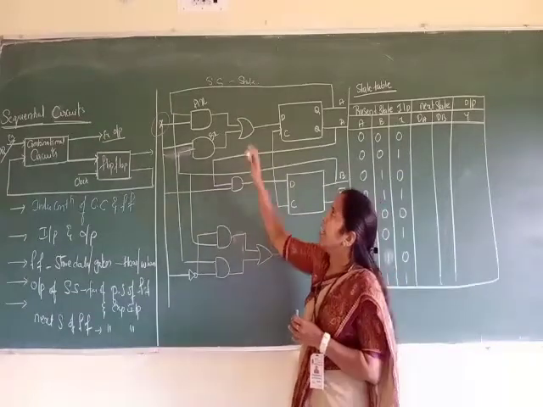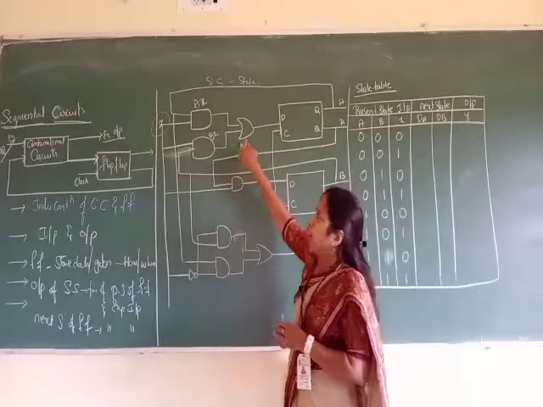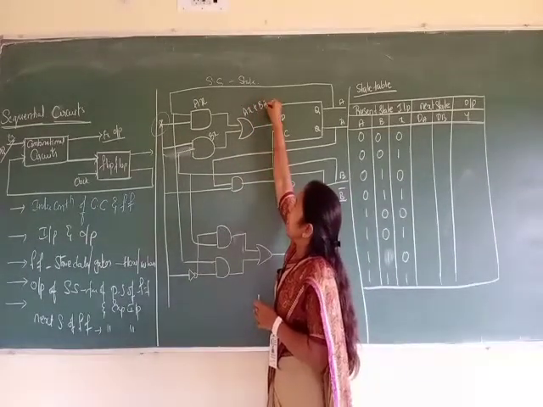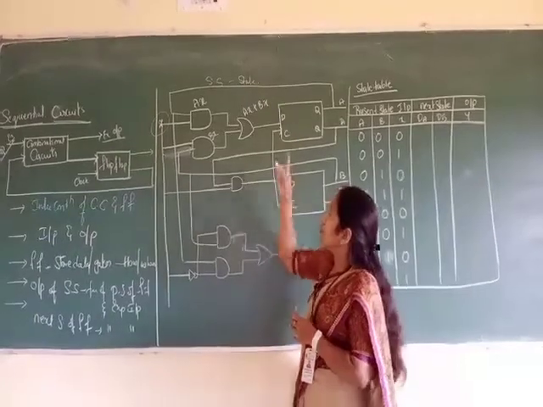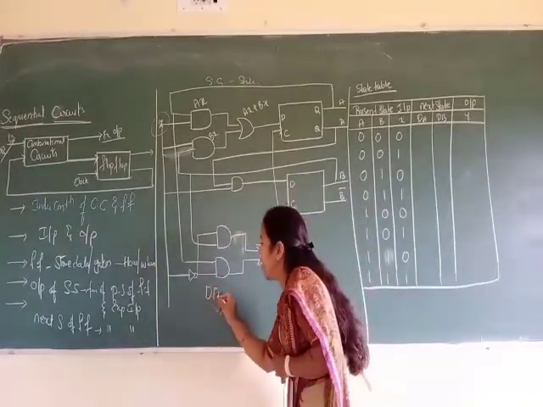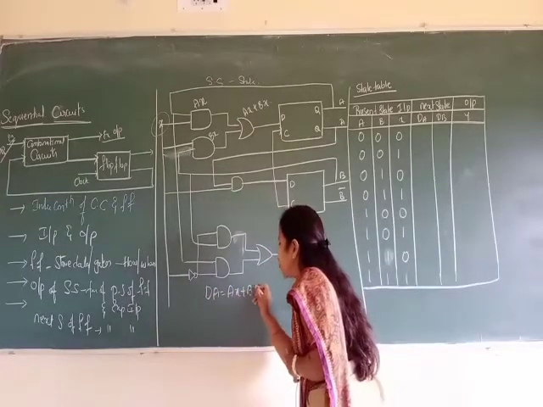The output of flip-flop A is connected to the first AND gate, so this combination is AX. The second one is getting the second flip-flop output, that is B, connected with the external input X, so you get BX. The combinational circuit takes input from the external input as well as from the output of the flip-flop. Both are combined with an OR gate, so you get AX plus BX. So the first equation of this D flip-flop is DA equals AX plus BX.